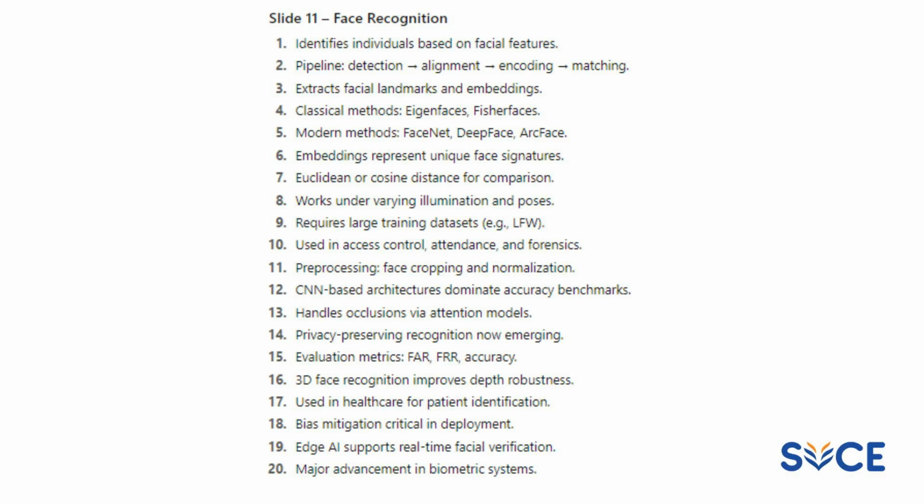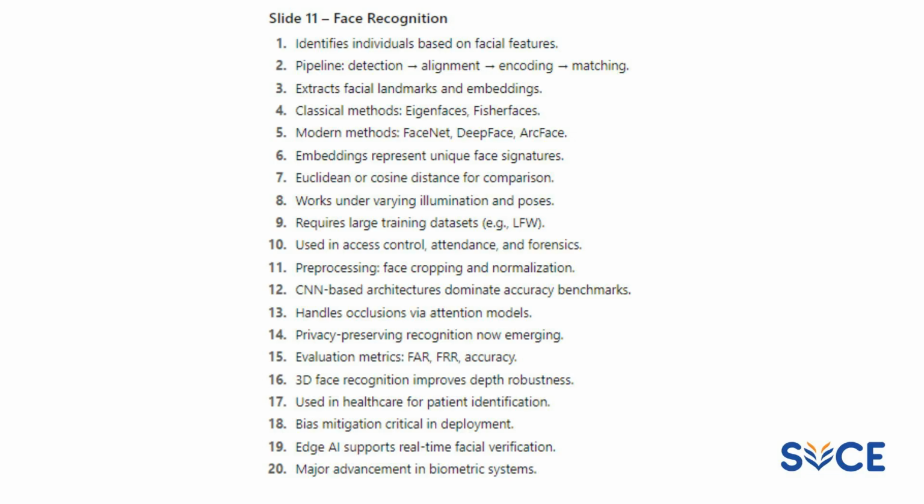First one is DeepFace. This is used by Facebook, the first large scale deep learning model for face recognition. Next one is FaceNet. This was used by Google, which maps each face to a 128 dimensional embedding vector for higher accuracy.